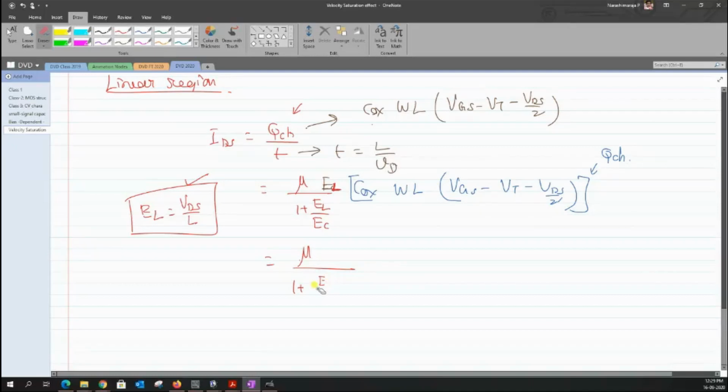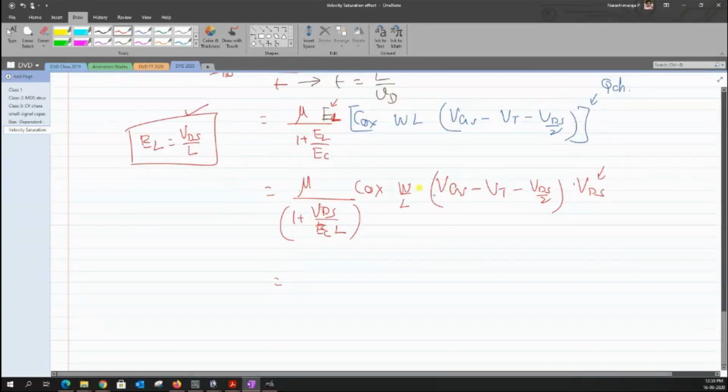When you do so, this VDS expression comes out of this EL term that is sitting at the top. So hope that it is clear. Once I substitute all of these things, this is the expression I have as the current equation.